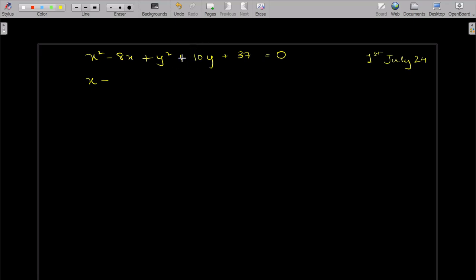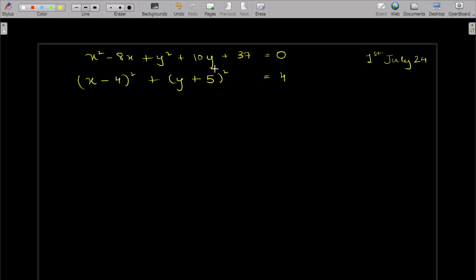You add and subtract 25. So finally you'll get x minus 4 whole square plus y plus 5 whole square, and when you do all the calculations, this is equal to 4.